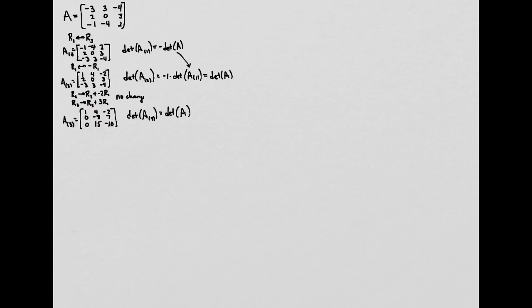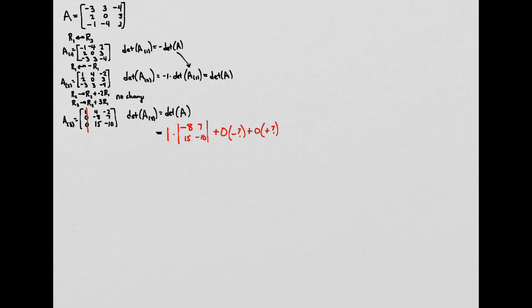So we can say that this value, if I expand along this first column, is going to be 1 times the determinant I get with that little minor matrix, -8, 7, 15, and -10. And then everything else is 0, plus 0 times something, doesn't matter, plus 0 times something, doesn't matter.